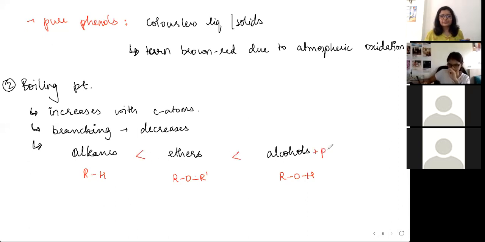Let's add phenols also. The reason is again the same as what you mentioned. It is the extent of hydrogen bonding.